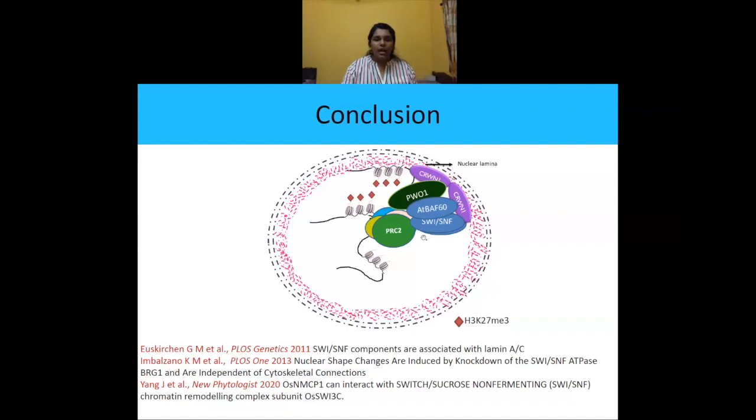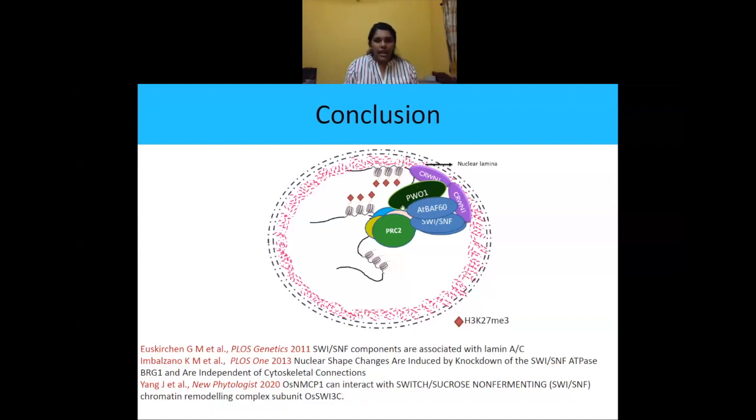And PWO1 and ATBAF60 are indeed interacting with each other. So these three are interacting together and play a role in chromatin organization and regulating nuclear morphology of Arabidopsis.